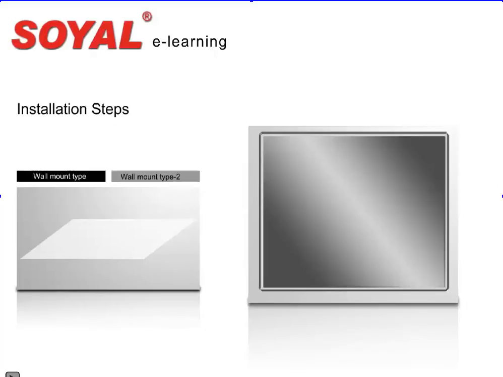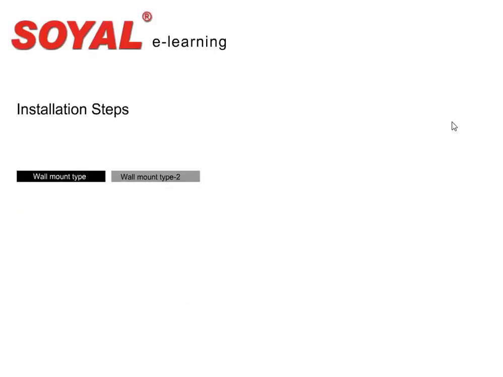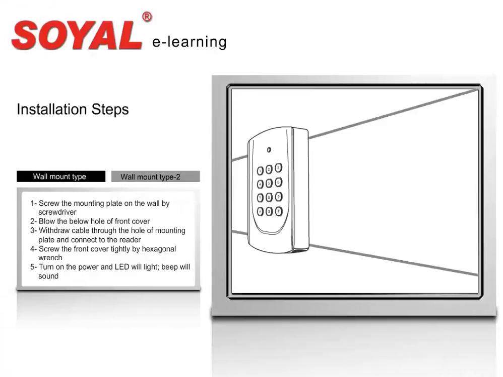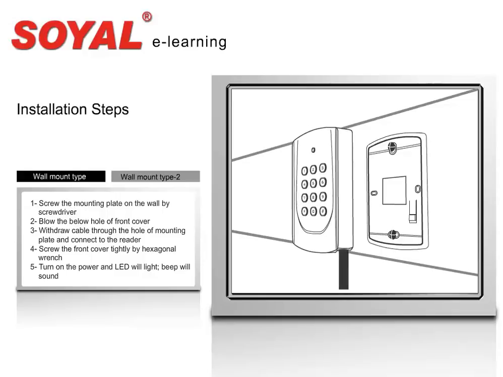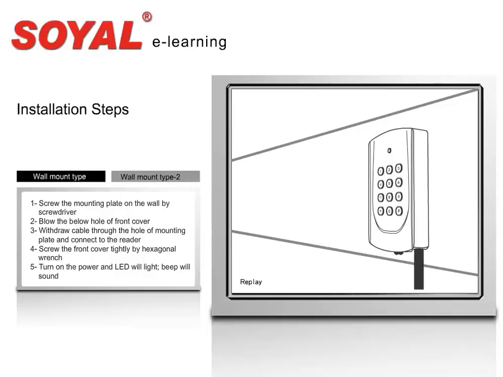Type 2. The same, we could see the animation first. There are 5 steps of type 2. 1. Screw the mounting plate on the wall by screwdriver. 2.